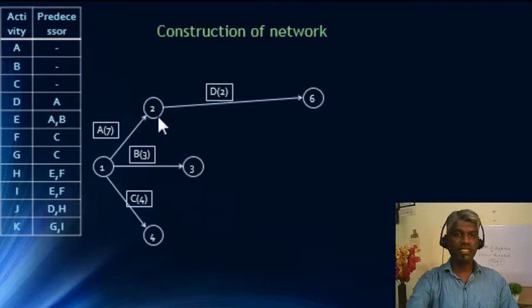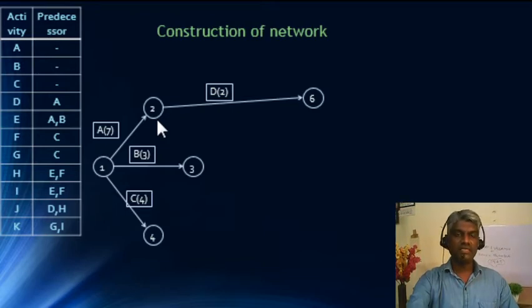If we are pointing the dummy towards this particular node, what will happen? At this node, A ends and B ends through this dummy. So, in this node, both A and B end. But in our problem, it is given that for D, only A is the predecessor. So, we cannot have the direction of this dummy in this way.